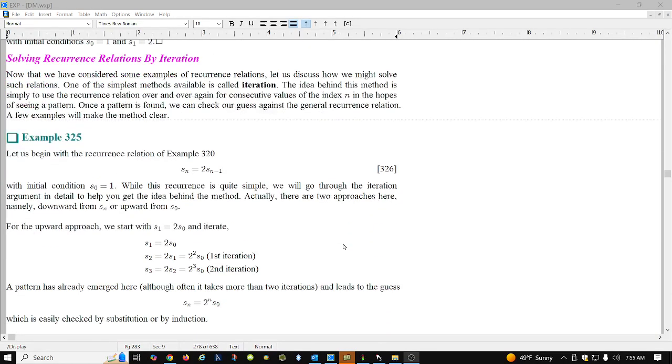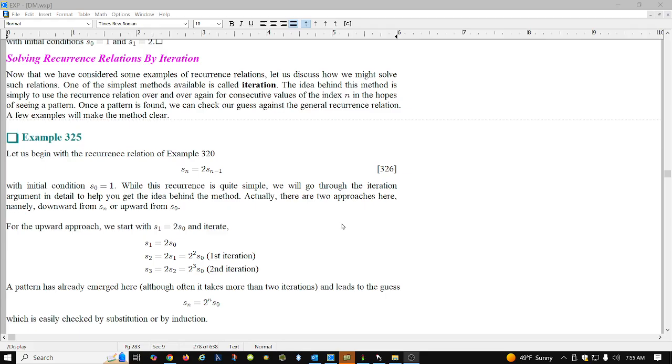So now that we've looked at some examples, let's discuss how we might solve recurrence relations, at least the simplest method available to us, which is called iteration. The idea is simply that you use the recurrence relation over and over again for different indices in the hopes of seeing a pattern.